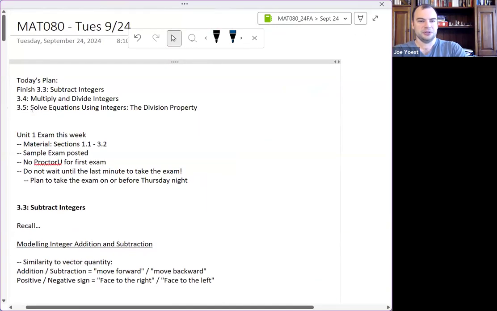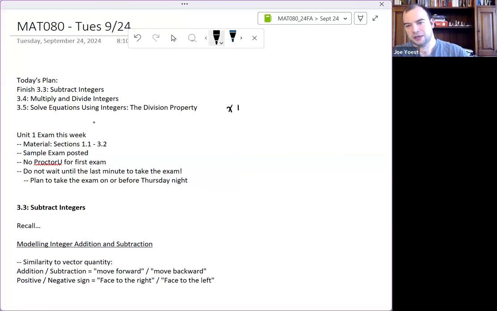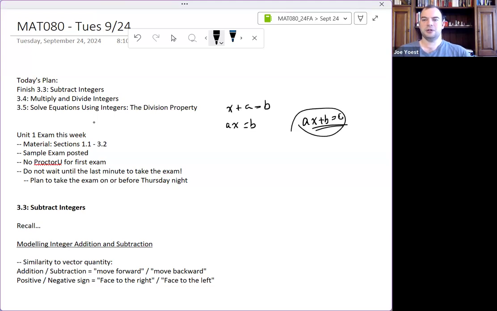And we're building up to being able to solve equations by combining these two properties. We now know how to solve x plus a equals b types of equations, and we know how to solve ax equals b equations. What about ax plus b equals c? We're building up to solving equations like this, and really to being able to solve any linear equation.